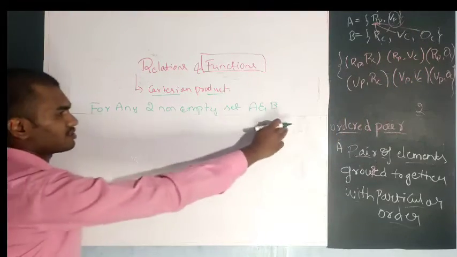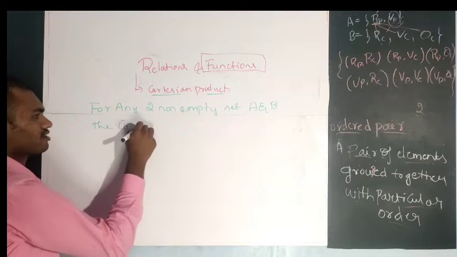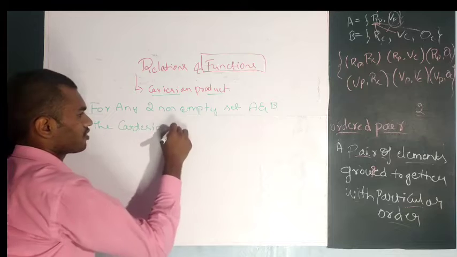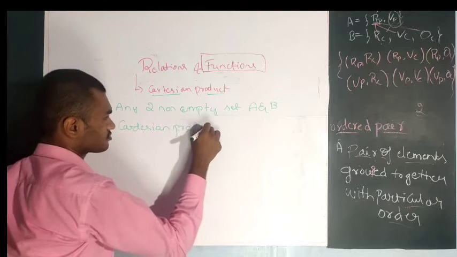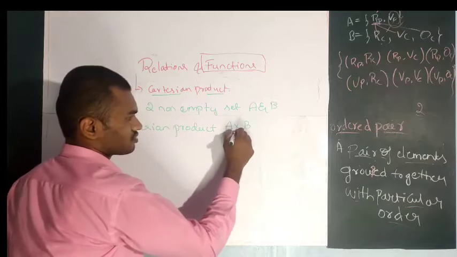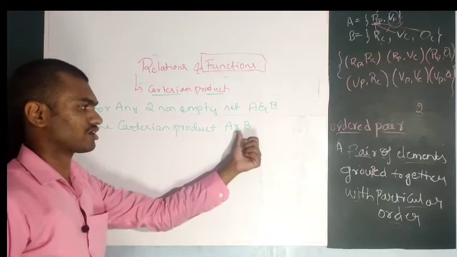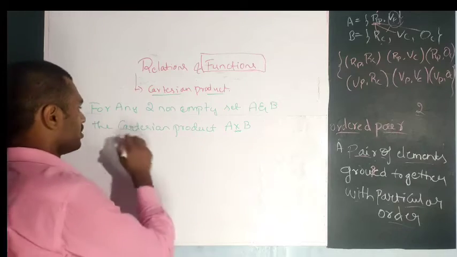So for any two non-empty sets A and B, the Cartesian product A cross B. This is the symbol to denote the Cartesian product of 2 sets. So cross, you need to remember that.